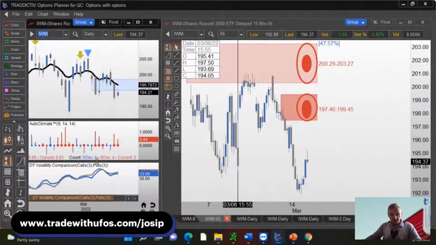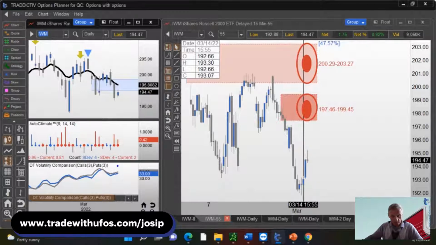Statistically, after about 4 days of down movement, there is a possibility of a bounce.